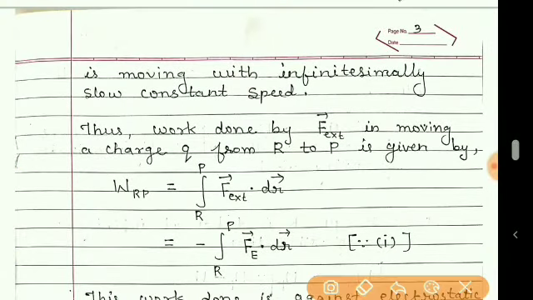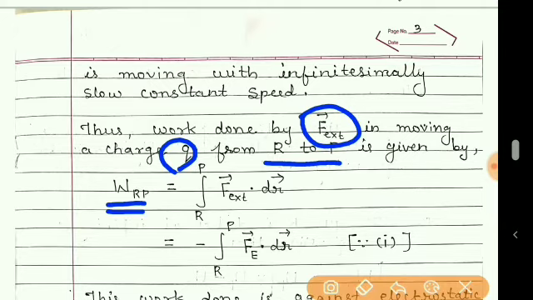So here also, the work done to bring a charged particle from point R to point P due to external force is given by W_RP in the form of integration.